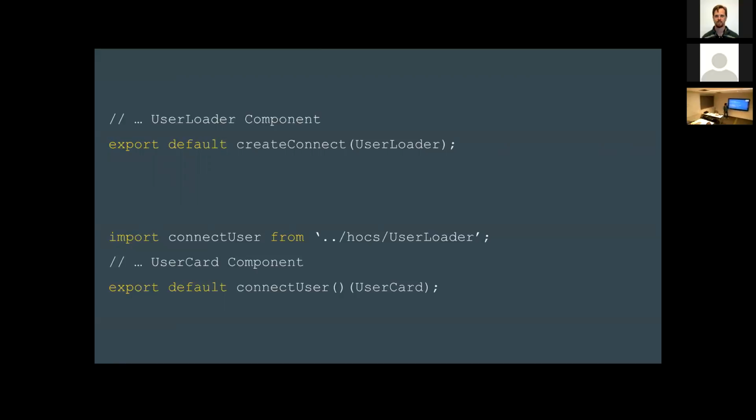And if I wanted to, I could pass options into here just like I would map state to props, map dispatch to props. I could pass that stuff here, and that would get passed to the component user loader. User loader can know what to do with that. But here I've connected user card to however I load a user. So that would work just like I would normally do connect with React Redux.